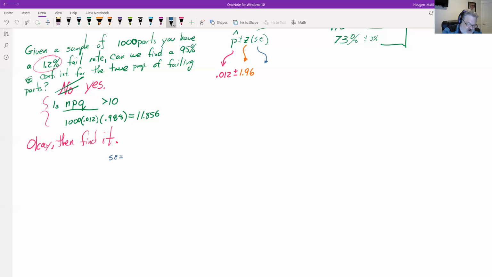So that's standard error, the square root of our p hat, because that's all we have, times our q hat, 0.988, divided by that 1,000. And then don't forget to find that square root, because we seem to like forgetting it. It's easy to forget.